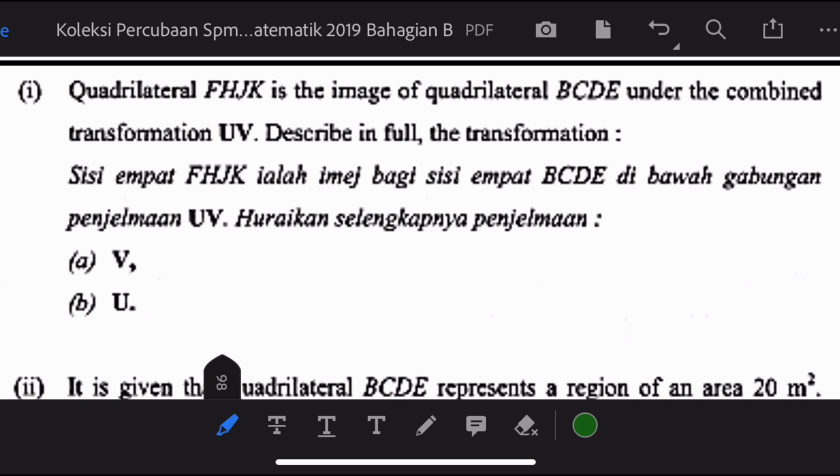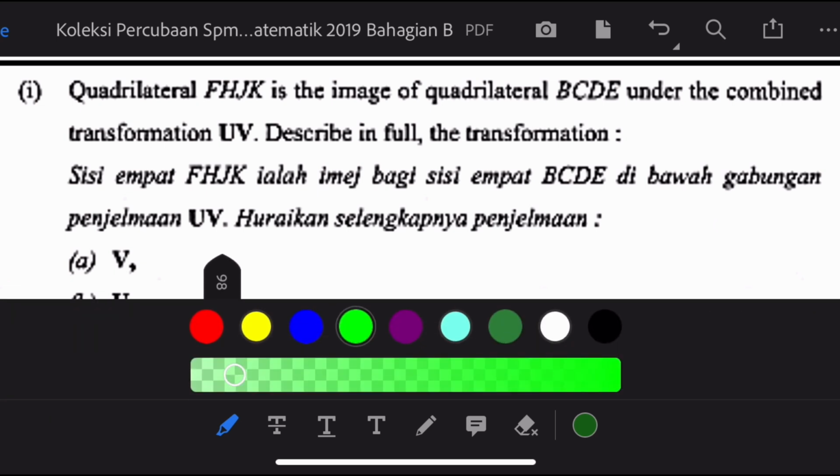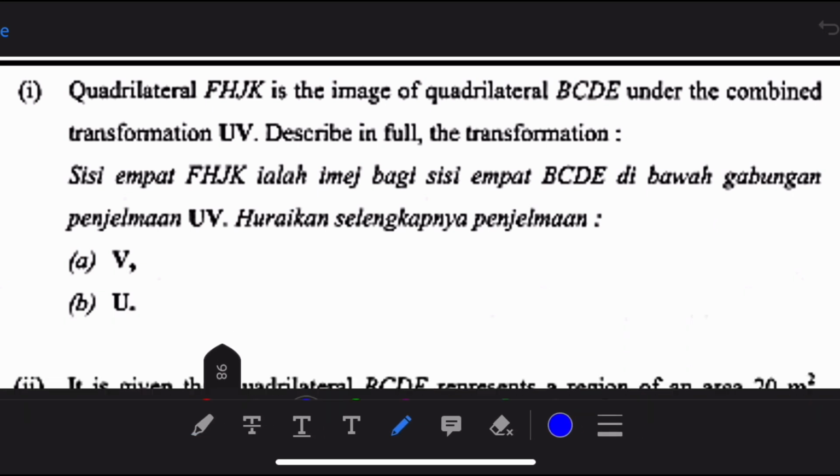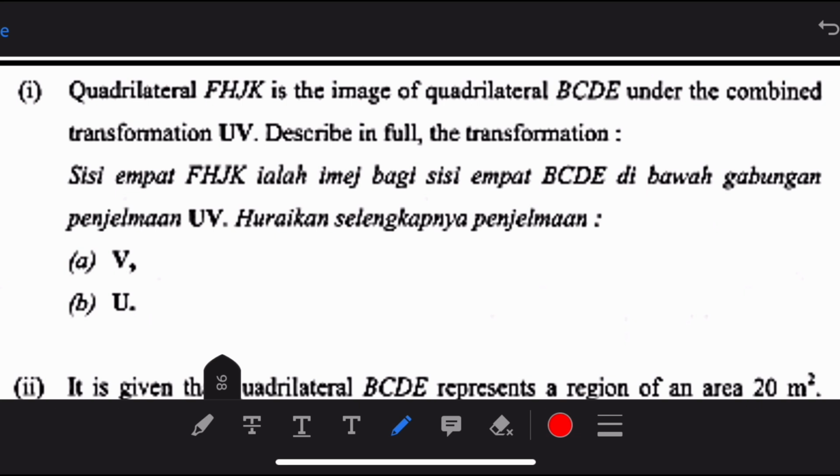Quadrilateral FHJK is the image of quadrilateral BCDE under the combined transformation UV. Describe in full the transformation.